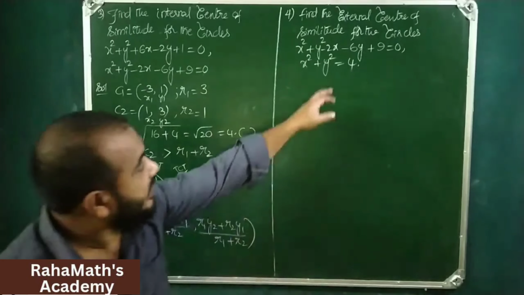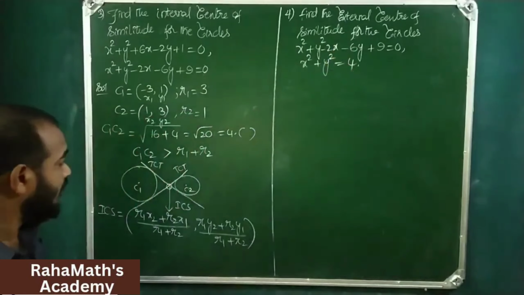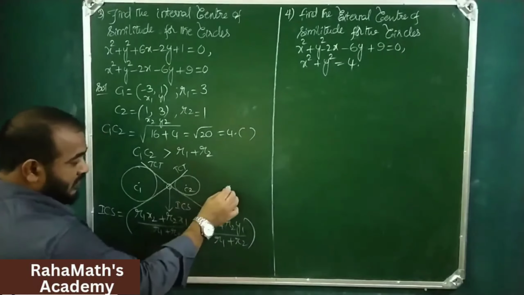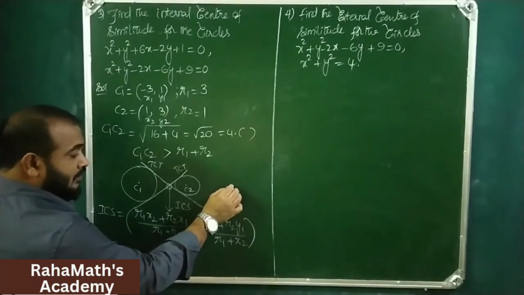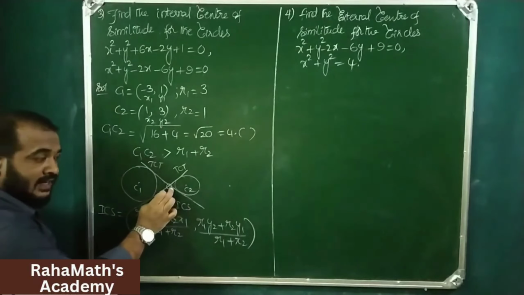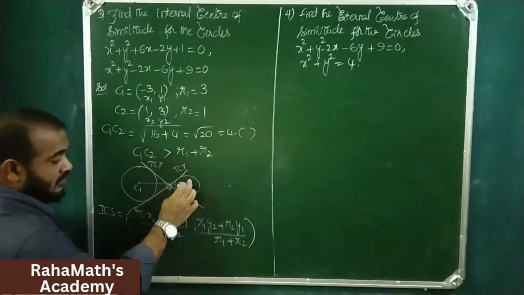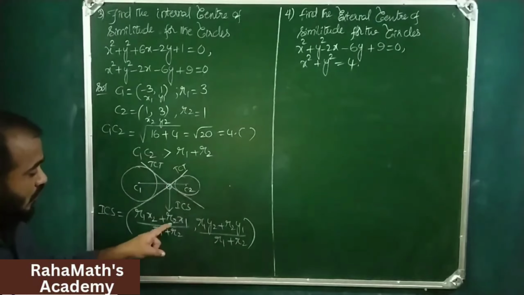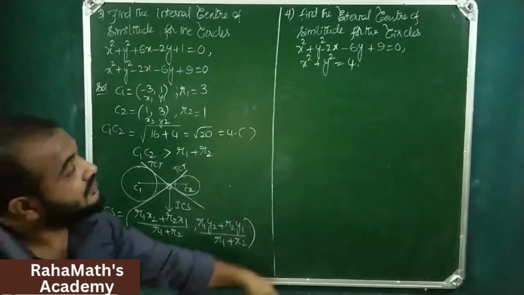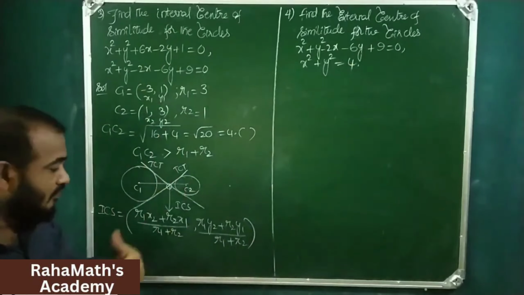If we want the external center of similitude, this is one direct common tangent, this is another. This point lies outside the line joining the two centers. This point lies inside the line joining the centers of the two circles. So the formula for internal and external center of similitude is the same, with a minus.